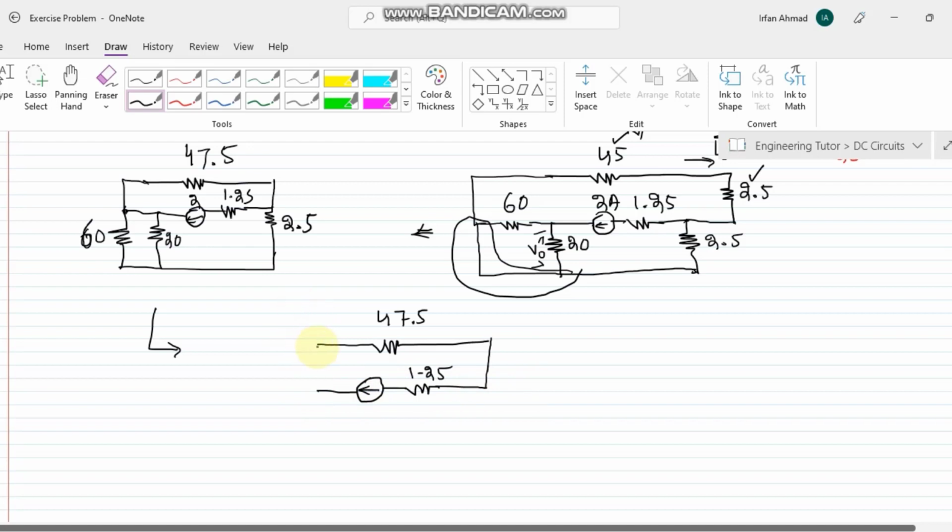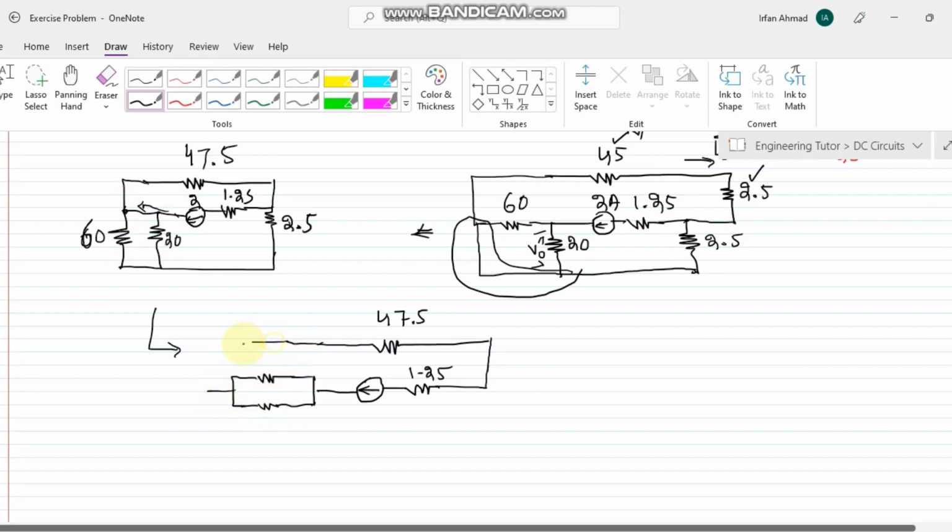and as these two are in parallel and also parallel with this one, the same current is flowing, will reach here and then divided into both the currents here. So this, the same current here.